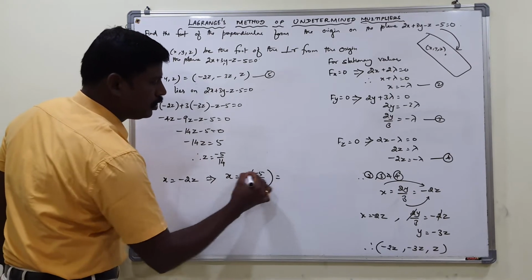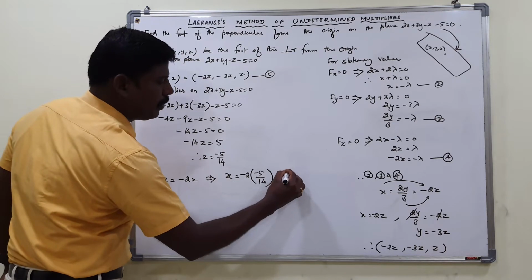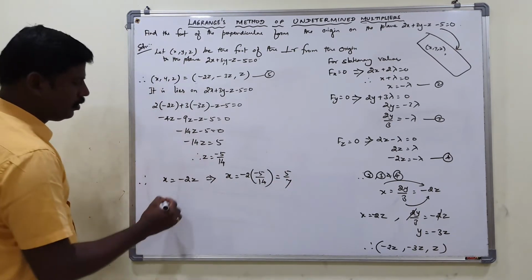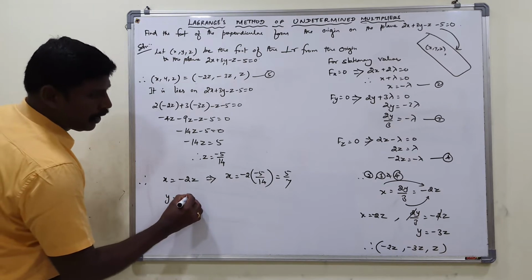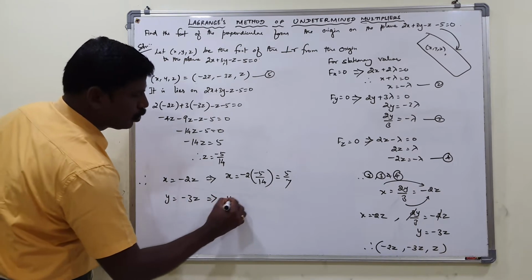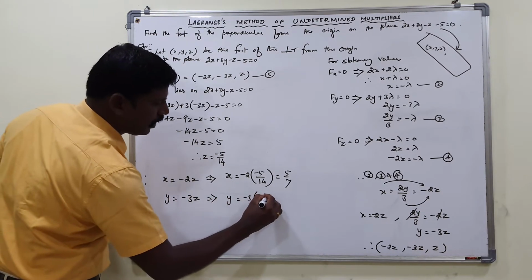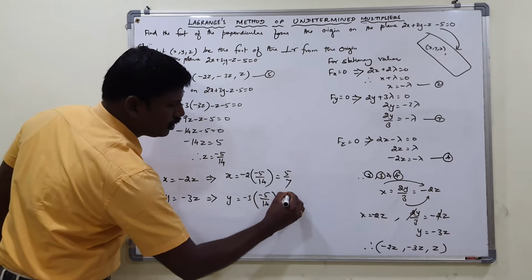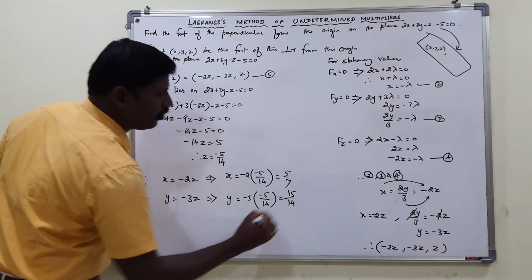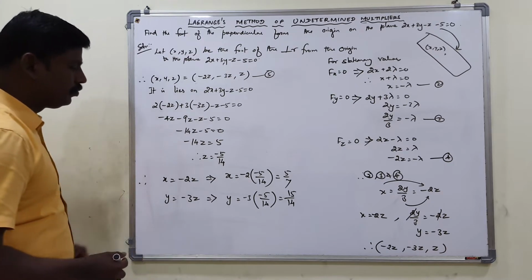So that is equal to 5 by 7, isn't it? y equal to minus 3z. This implies y is equal to minus 3 into minus 5 by 14. That is equal to 15 by 14. Okay?